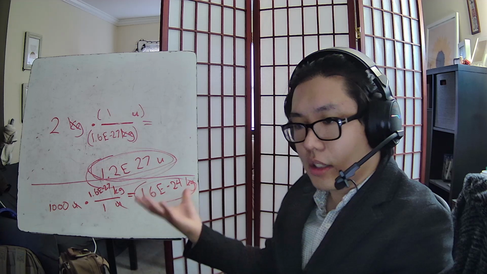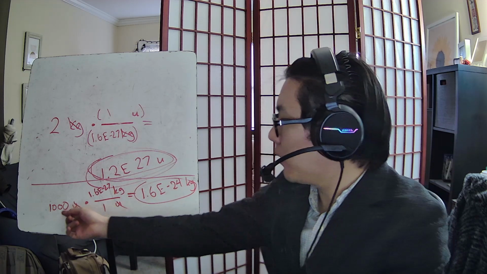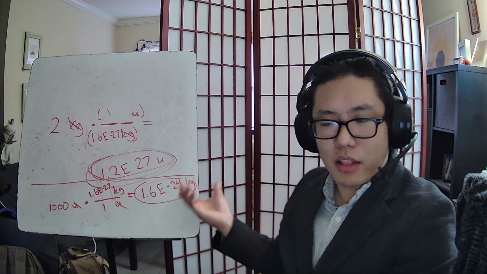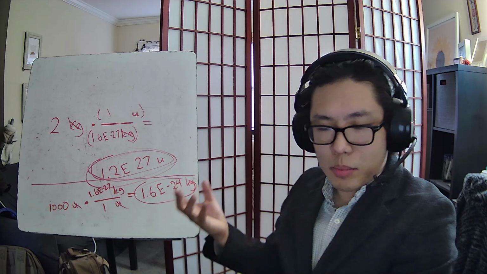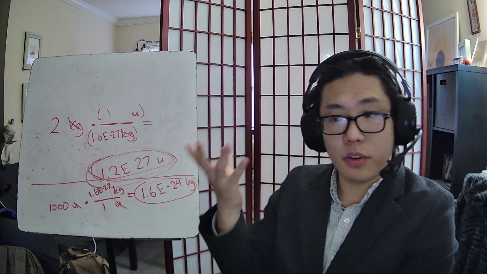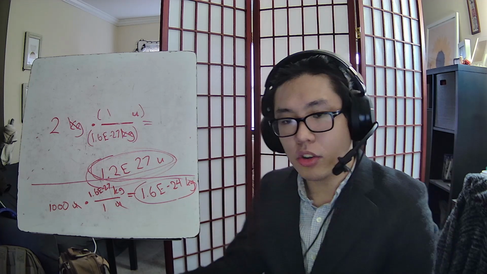A lot of these protons inside of 2 kilograms. Meanwhile, 1,000 protons should be a really tiny amount of kilograms. It should not be a lot of mass, right? Because a kilogram is a lot of matter, and the mass of particles is actually significantly smaller. So this is how you could once again double check your work.